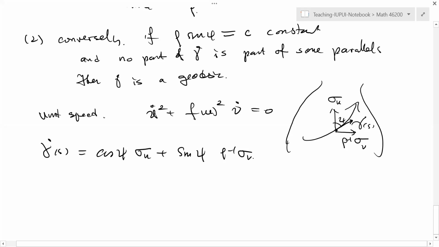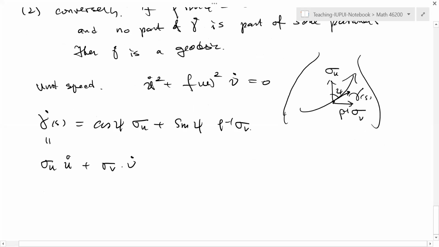All right, so what does that tell you? Well, this is going to be sigma u dot, sigma v dot. So you get the following identity. These two must be the same.